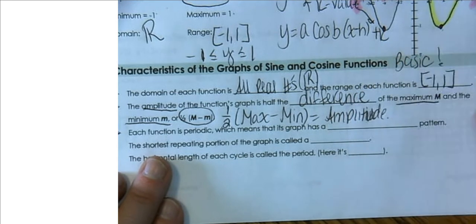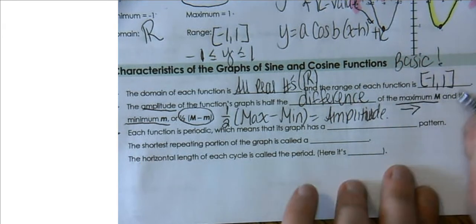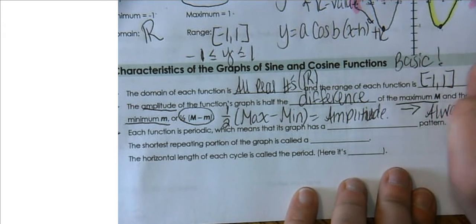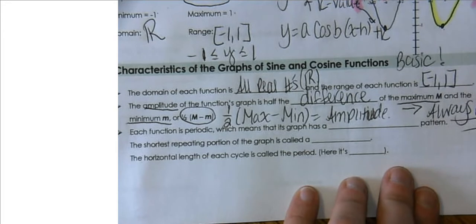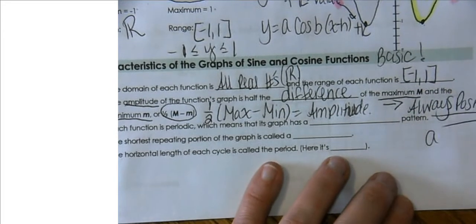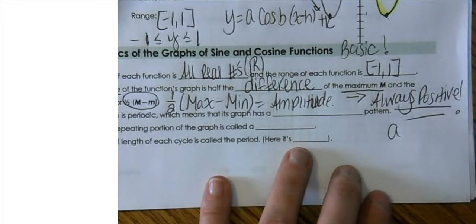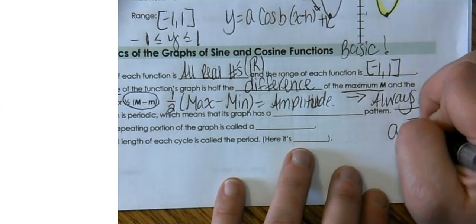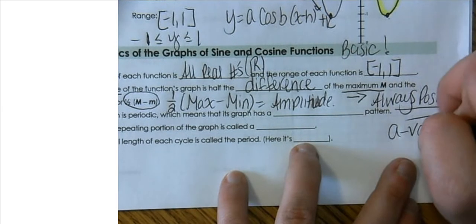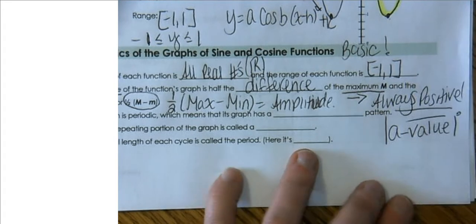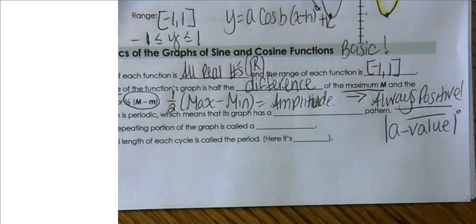And one thing I want you guys to know about amplitude is that it's always positive. So if you notice that your A value is negative, your amplitude will be the absolute value of A. So I'm going to put absolute value of your A value. That's going to represent your amplitude.